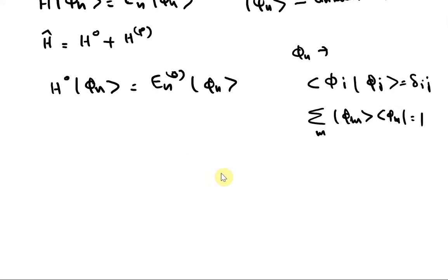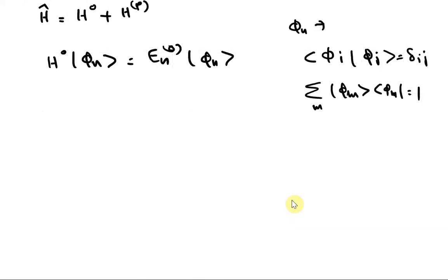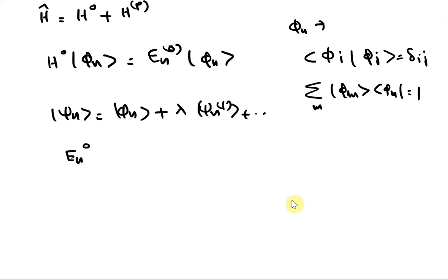Now, for solving this, we took the wave function corresponding to the unknown Hamiltonian, psi n, as phi n, the unperturbed state, plus lambda times psi n1, the first order correction, and so on, expanded in powers of lambda.